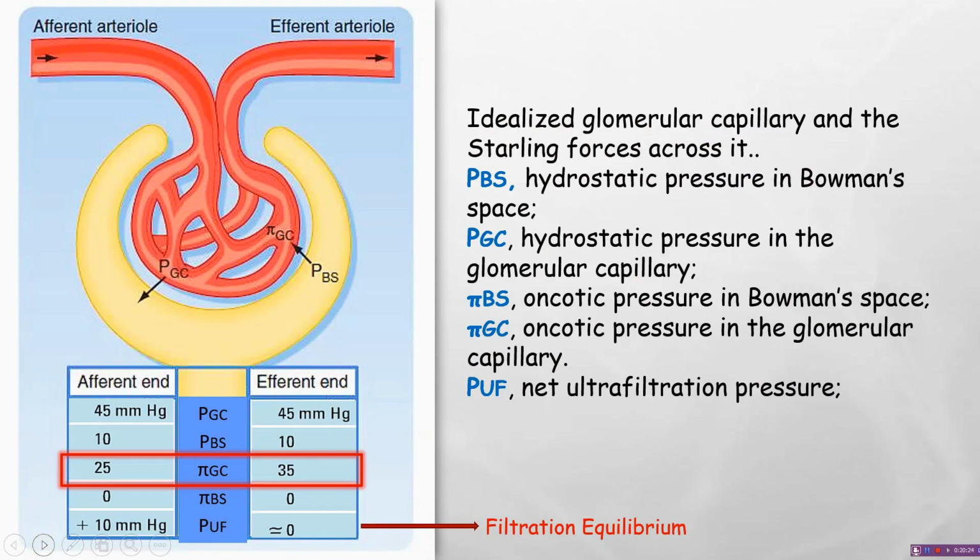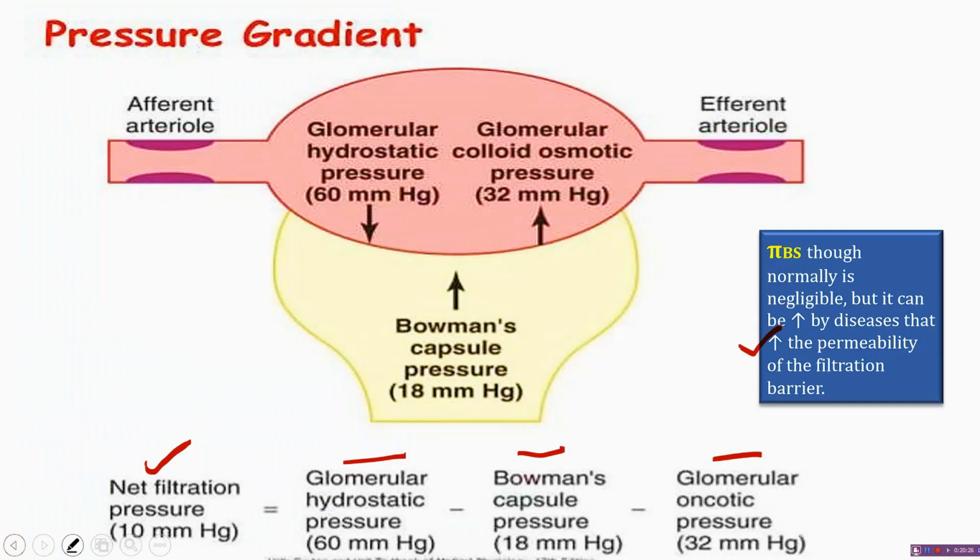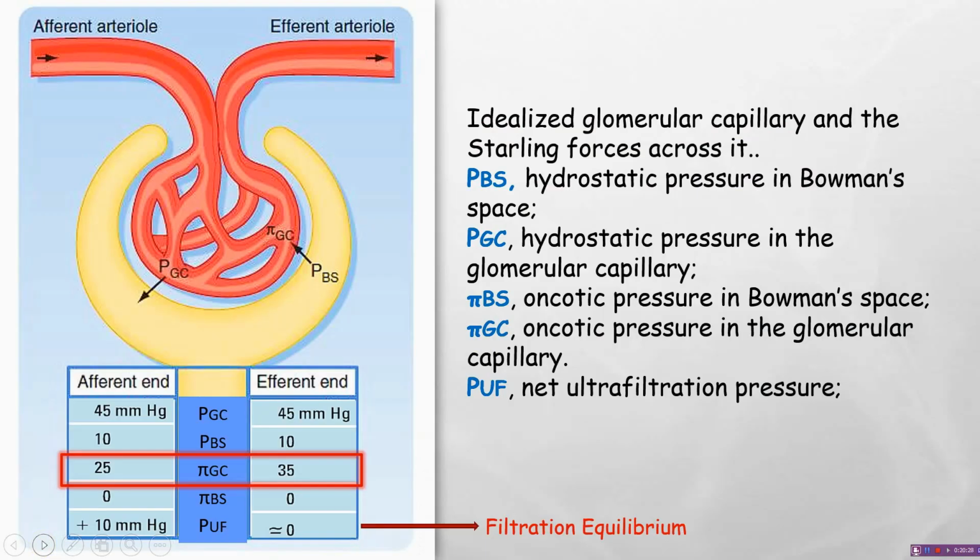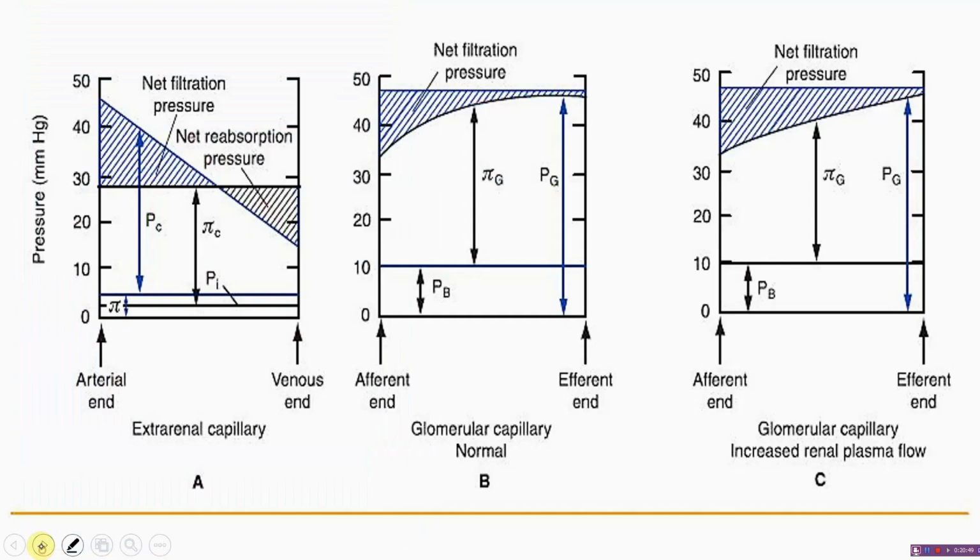Now I call it the net filtration pressure, because the filtration pressure changes from the afferent end towards the efferent end. The pressure that is changing here is the pi GC, the oncotic pressure in the glomerular capillary, because as the filtration continues, the oncotic pressure rises from the afferent to the efferent side.